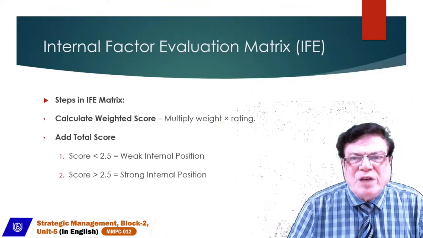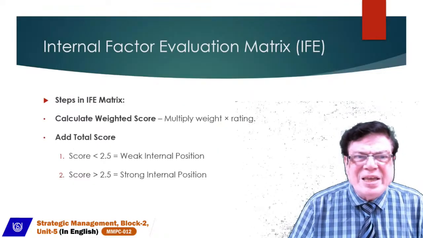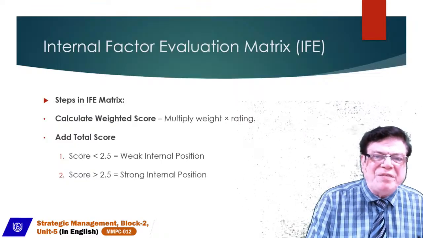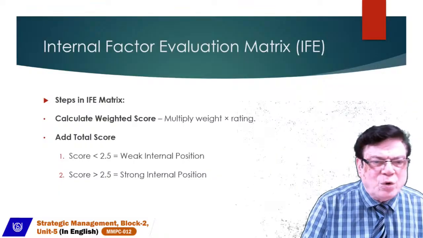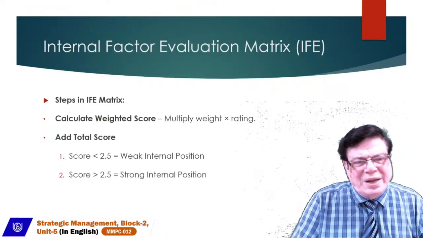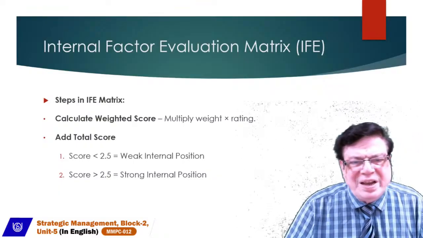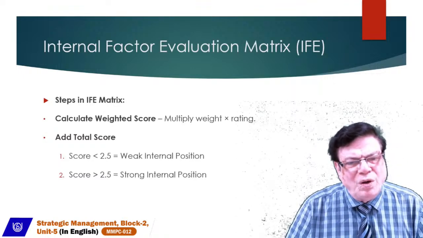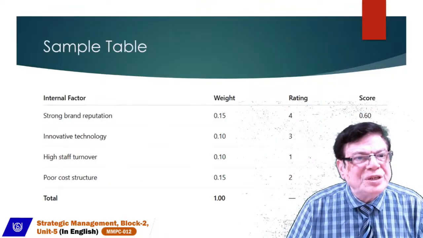Then calculate the weighted score by multiplying weight by rating, and add the total score. Less than 2.5 means weak internal position; more than 2.5 means strong internal position.